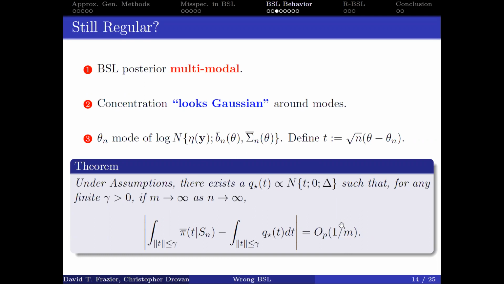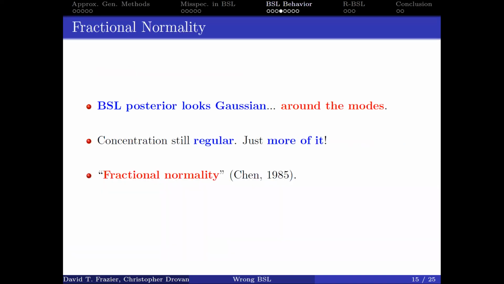And the rate of convergence of that is OP(1/M), because you pay this penalty because you're simulating M data sets in BSL. So if M goes to infinity, this goes to 0, and you get convergence in a local neighborhood to a normal.